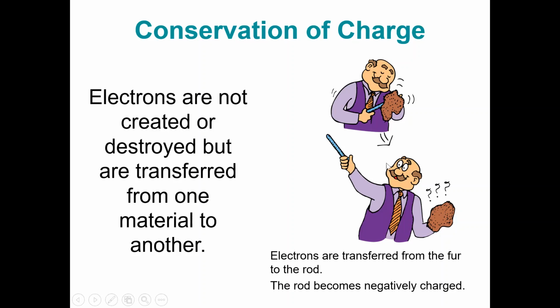So here he's got the fur and he rubs it on the glass rod. And then what happens is that electrons from this fur have been transferred. You can see there's a bunch of little negative lines here. It's been transferred onto the rod. So they're transferred from the fur to the rod. So the rod becomes a negative charge. All right.